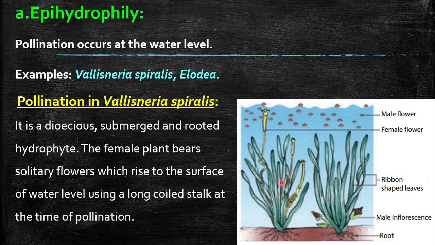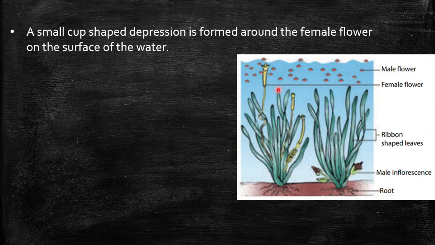Submerged means it grows below the water level, and the female plant bears a solitary flower which rises to the surface of the water using a long coiled stalk. At the time of pollination, a small cup-shaped depression is formed around the female flower on the surface of the water.